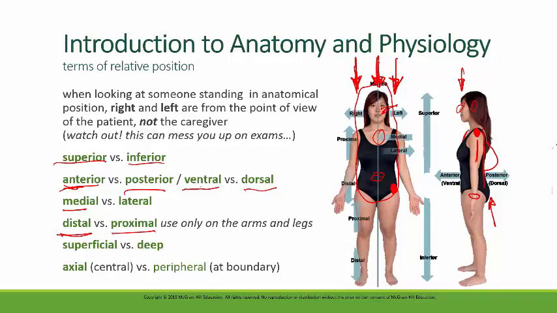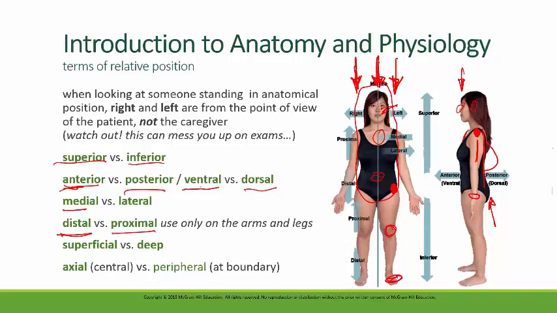Proximal means that the structure being compared is closer to the point of attachment. So we might say that the patella, or the patellar region, is proximal to the digits of the foot, down here, the toes. I missed that with my pen, but you know where I'm talking about.